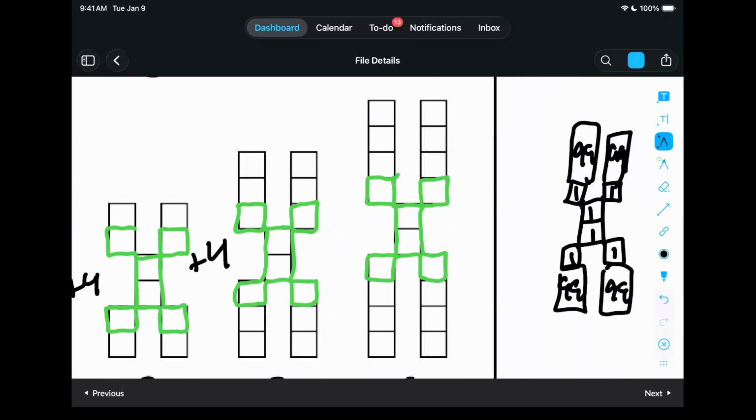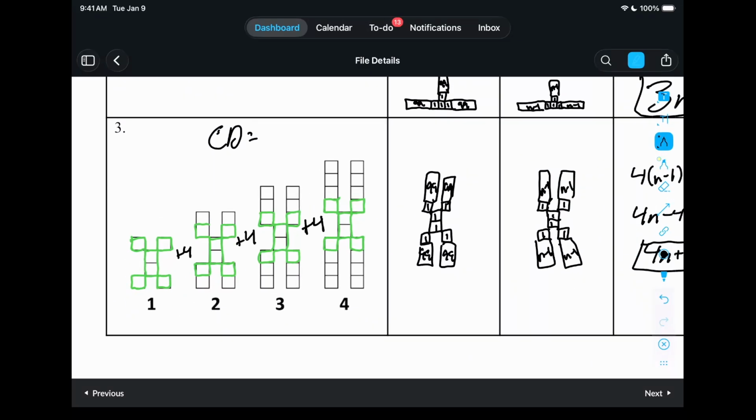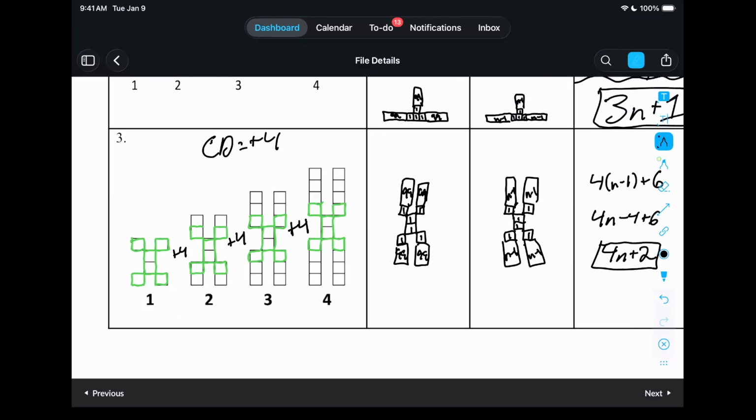For number 4, 6 through 18, and this was 14, I think. Yeah. So plus 4. So our common difference is positive 4.